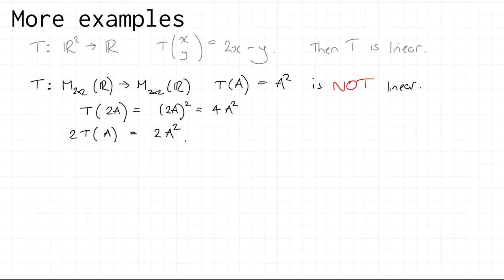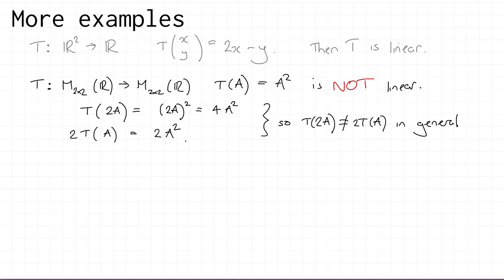So if you've got any matrix where A squared is not 0, then those two things won't be equal. So T of 2A is not the same as 2T of A in general.